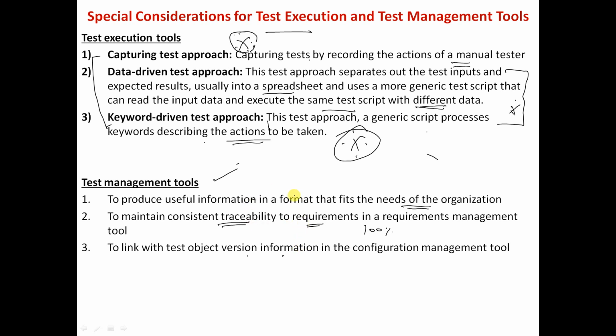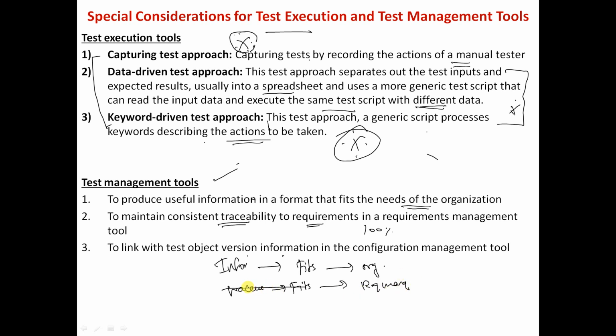I'll just summarize here. The first one is the info, which has to fit with the organization. Next is traceability: traceability of all the requirements should fit with the requirement management.